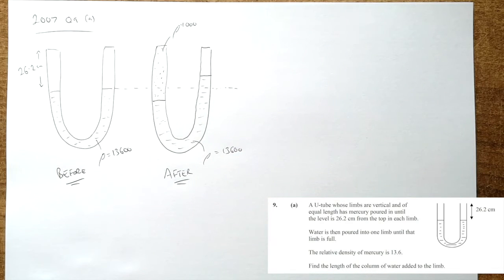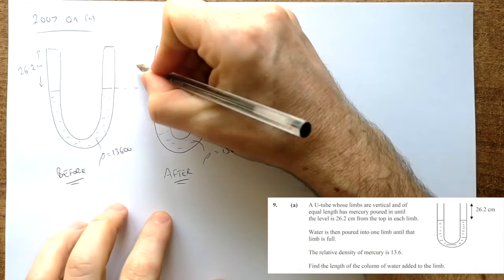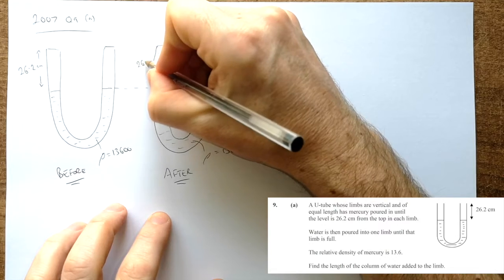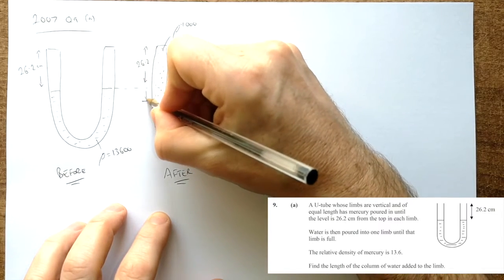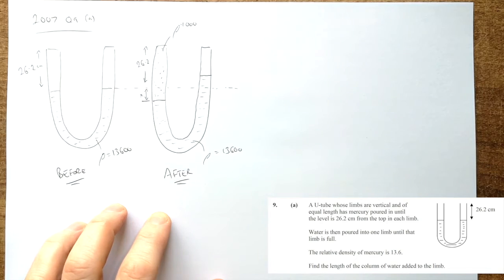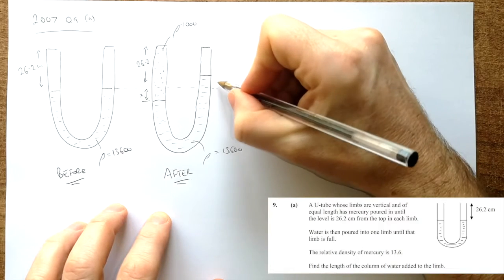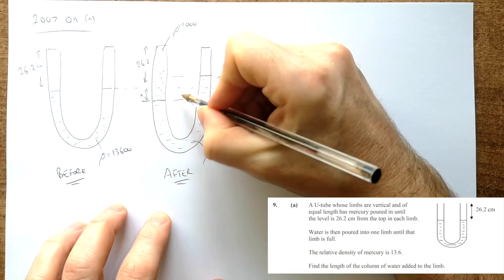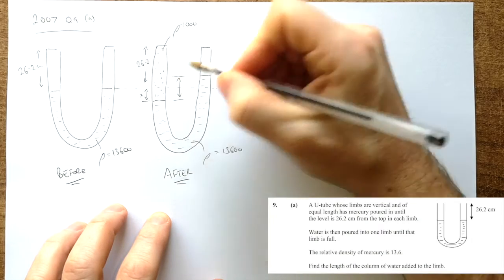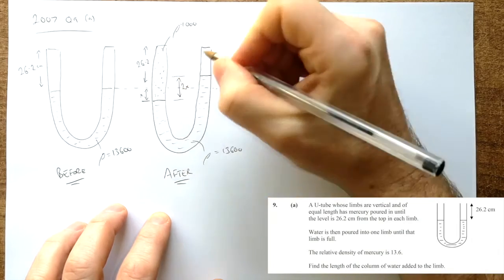This is still 26.2 there to there. Let's call this little distance here to here x, which means that this has gone up by x, which means the difference in heights here, this is where people get confused, is 2x.